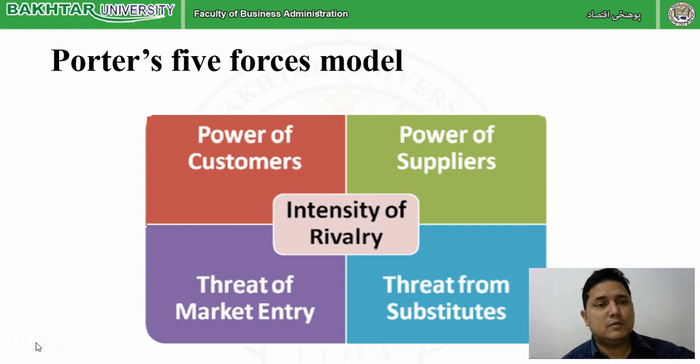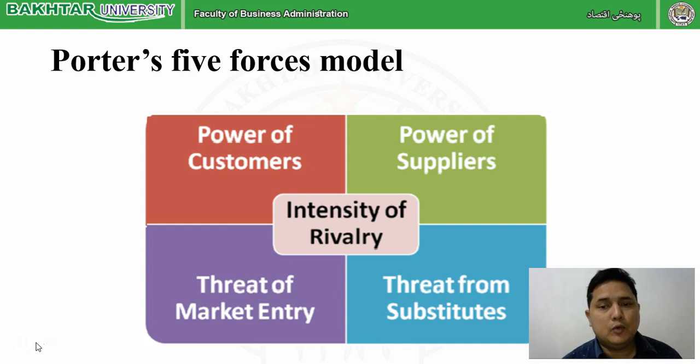You have to compare your project with your competitor's project and see what other things are available to a customer. So in this case, compared to your project, is the power of the customer increasing or decreasing?